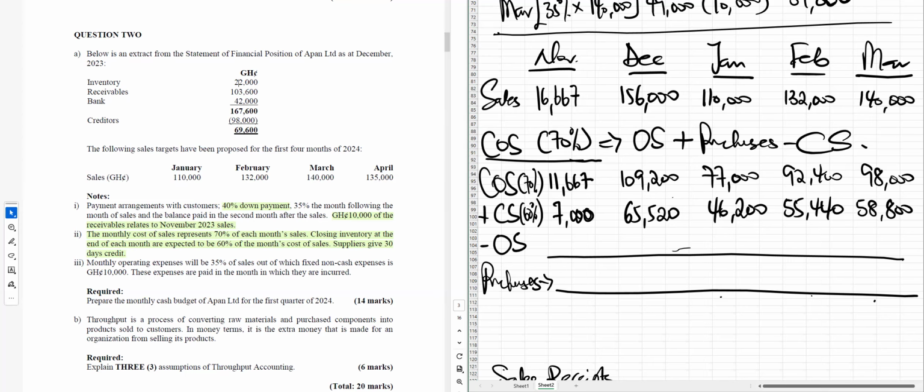So closing stock becomes opening stock here. Closing stock becomes opening stock here. Closing stock becomes opening stock here. Closing stock becomes opening stock here.